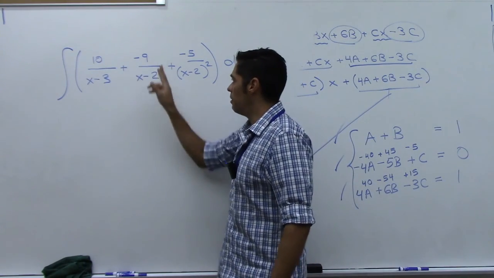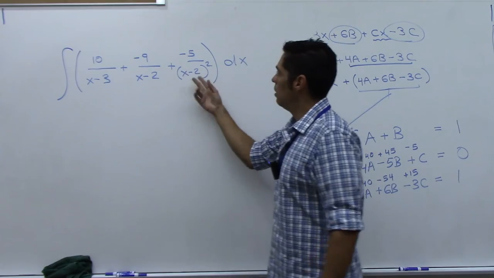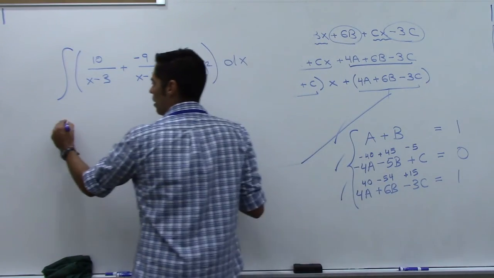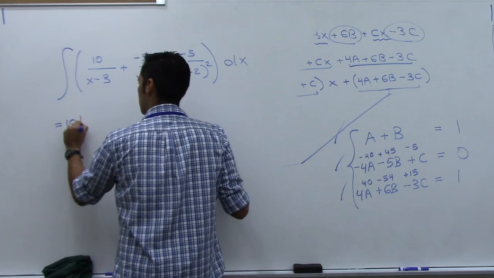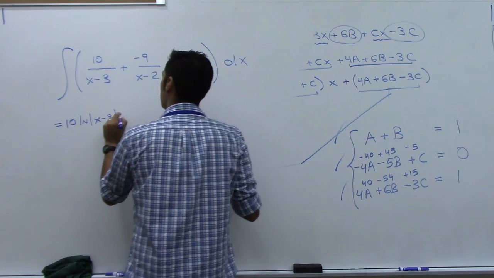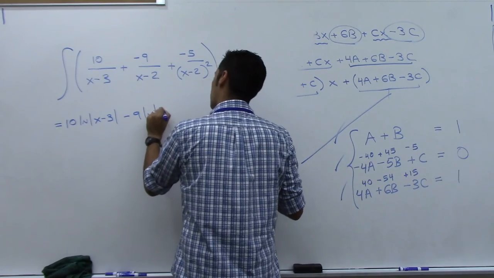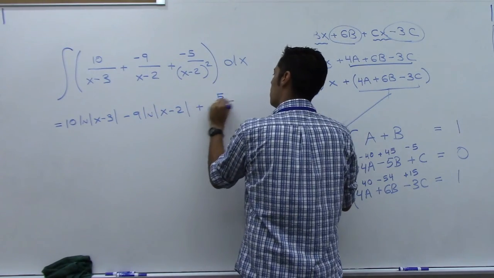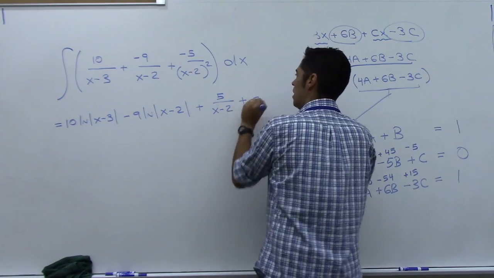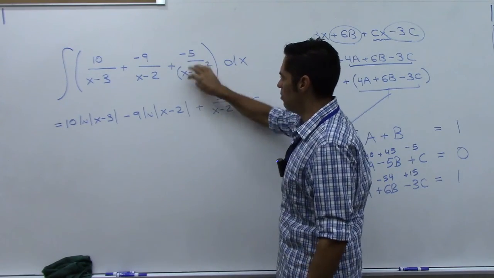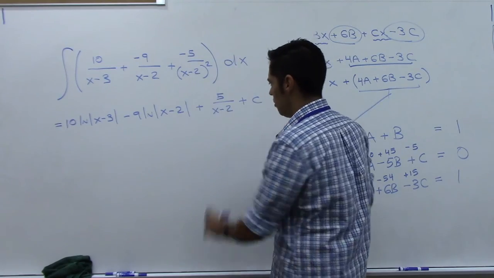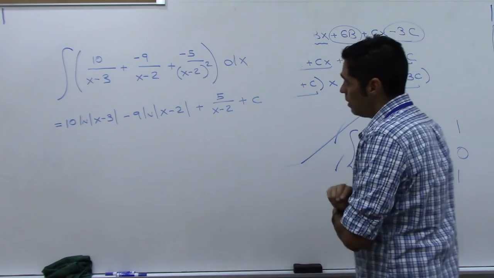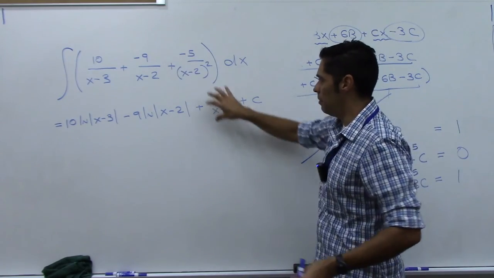Constant over linear, constant over linear, constant over quadratic. This one we did earlier, I can do that one. So here's my answer. 10 natural log absolute value x minus 3 minus 9 natural log absolute value x minus 2. And this turns out to be plus 5 over x minus 2 plus c. So when you take the negative 5 out and then do your little integration substitution, you get another negative that pops out, and it turns that negative 5 into a positive 5. You work that yourself. This comes from here.